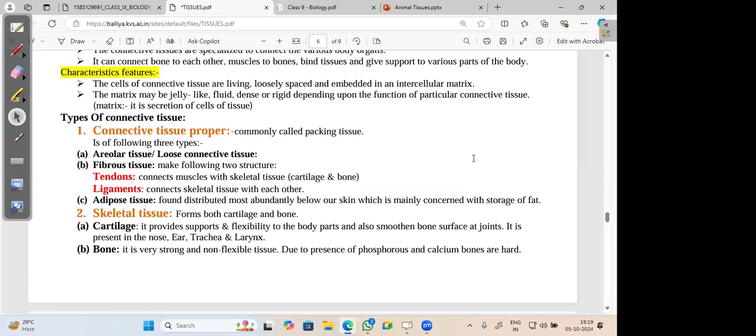Shravan, first tell me the names of all the epithelial tissue. Squamous, cuboidal, columnar, and stratified squamous. Okay. What are the different types of the cuboidal tissue?